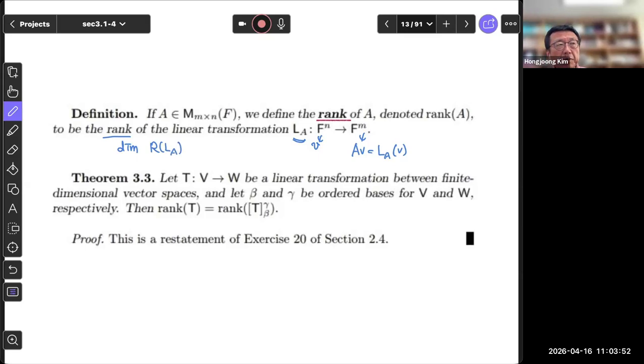That is what I mean by the rank of the linear transformation. Okay. And the rank of the matrix is defined by this.